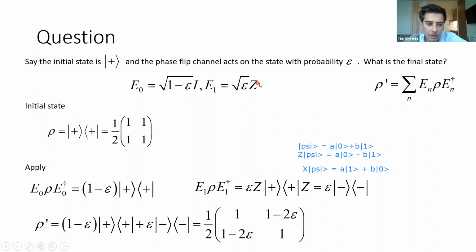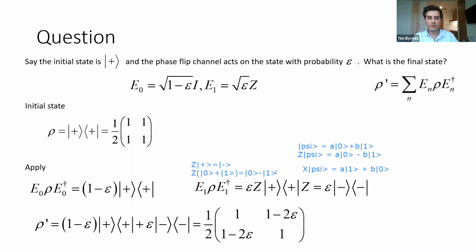So when Z acts on plus, Z acting on plus gives minus, because plus is the 0 state plus the 1 state, and this is the 0 state minus the 1 state.